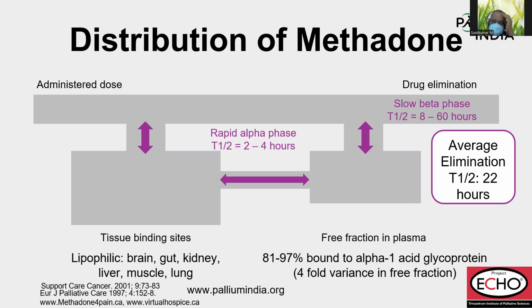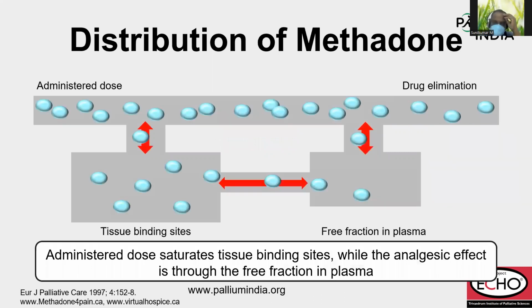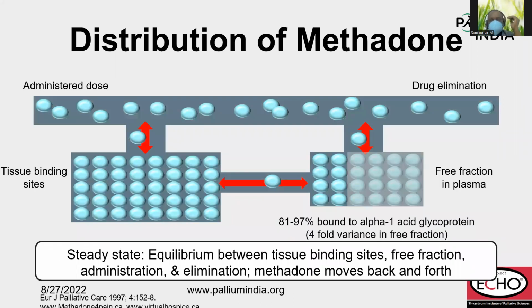The half-life of methadone is about 22 hours, and all opioids require at least 5 half-lives to reach a sustained blood level. So you can roughly take it as 5 days. In normal healthy patients, it will take about 5 to 7 days.